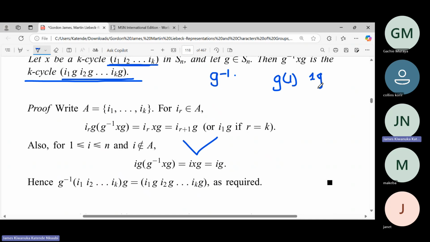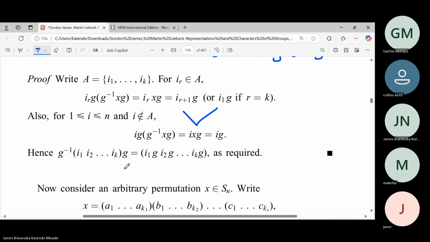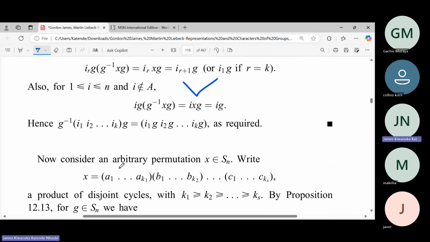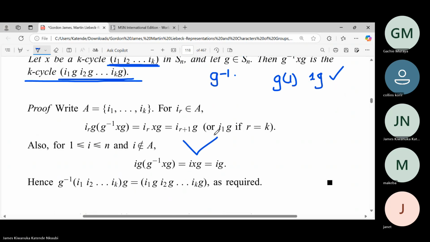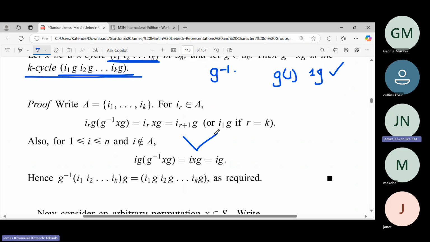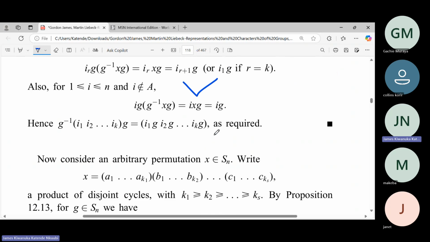It's putting g(1) without the brackets. That's the only change. But the import of this is that if you have a k-cycle, any element conjugate to the k-cycle will also be a k-cycle. So that's one trick you carry with you.